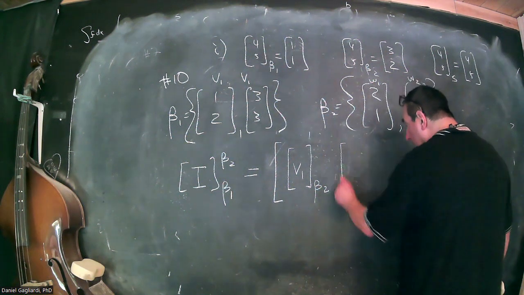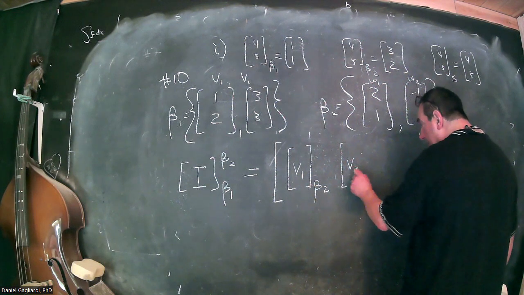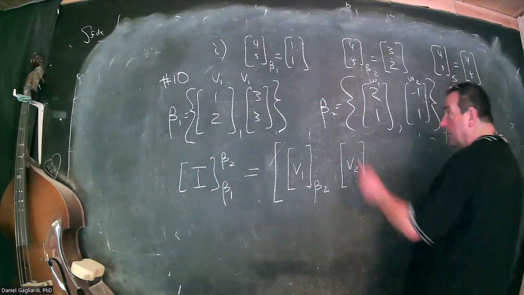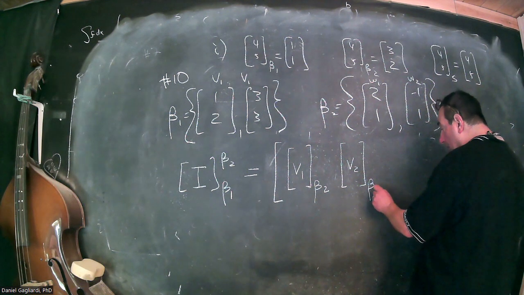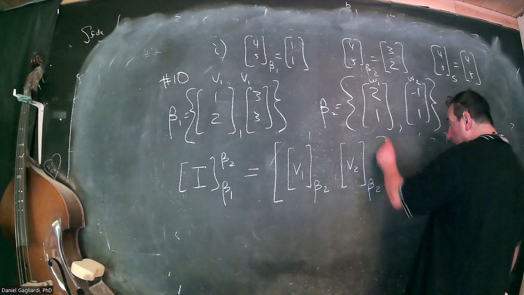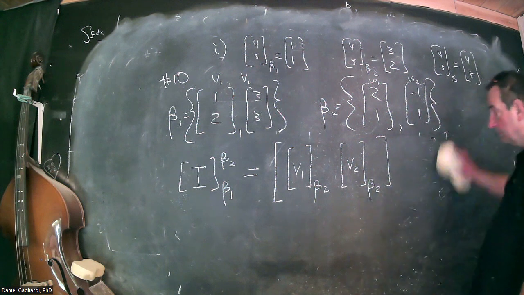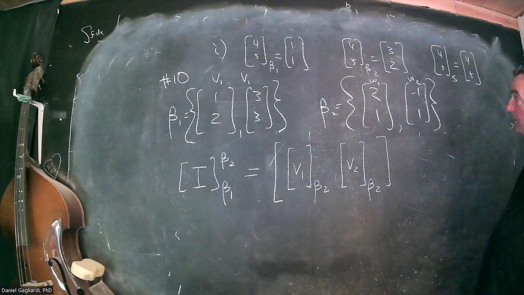Then we take the coordinates of V2, the second vector of the first basis, and write that also with respect to beta 2. That's how we're going to build the machine.